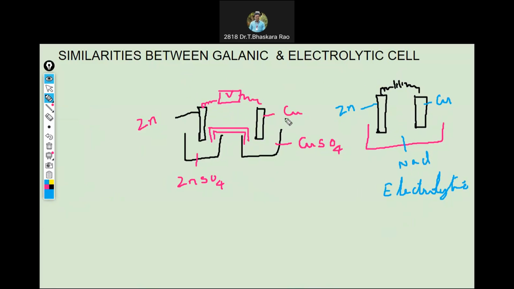So one more important point I want to tell you: in the galvanic cell, anode is negative charge, cathode is positive charge.